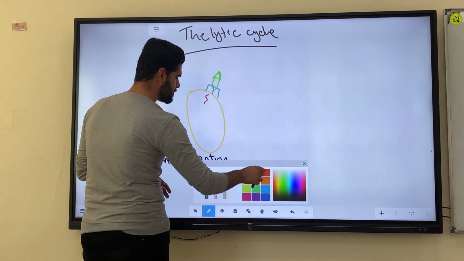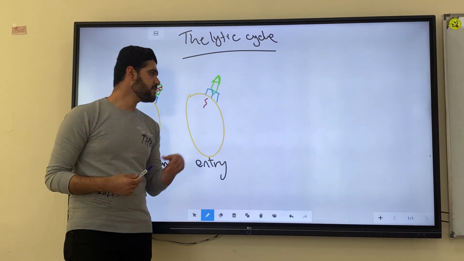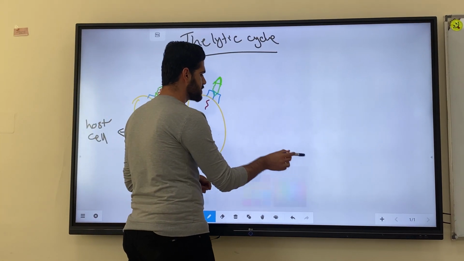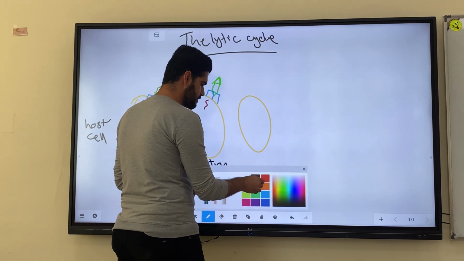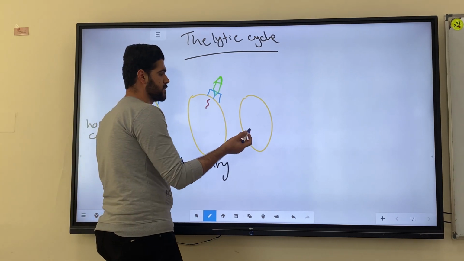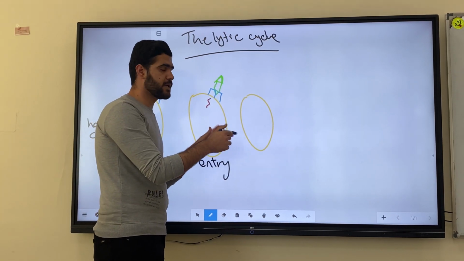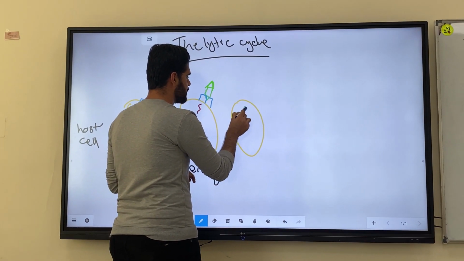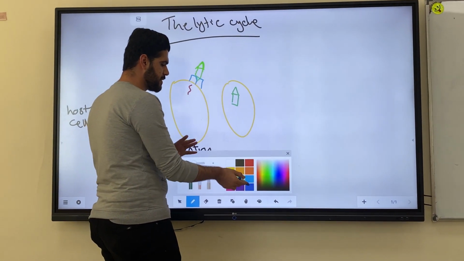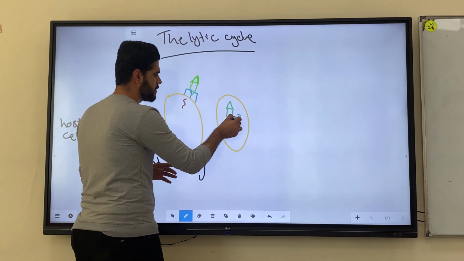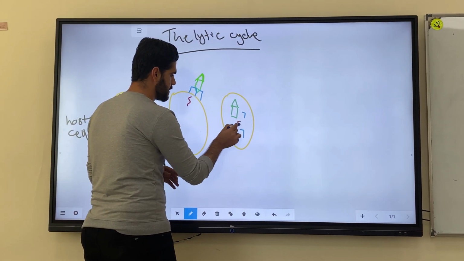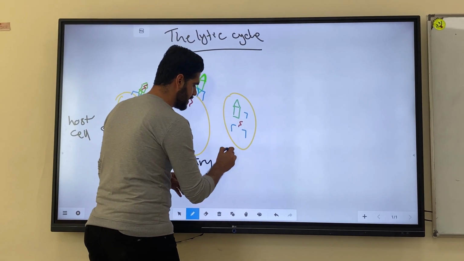After that, we have another step where the virus uses the host cell to replicate inside and make more copies of itself. We are going to just draw one of the viruses as an illustration, but actually the host cell will be filled with viruses. First of all, it will only make the parts separately. For example, the head and the tail separately, the tail fiber separately, and the genetic material separately. This step is called replication.